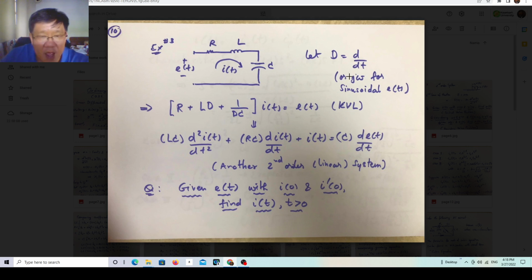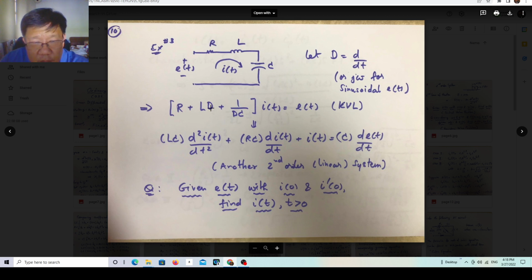Now, the governing equation of KVL. The voltage drop across these two poles, according to the direction of the current, is I times R, which is Ohm's law, and certainly L di by dt.